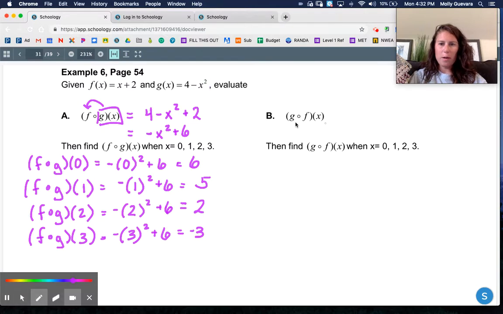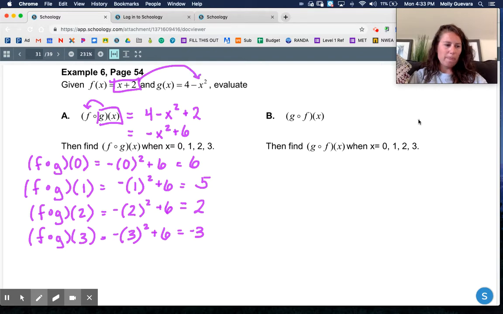For part B, notice it's the other way, right? G with f. So that means I'm taking my f and I'm plugging it in for g. So this gets me 4 minus, and then instead of x squared, it's x plus 2 squared. Remember that x plus 2 squared is not x squared plus 4.